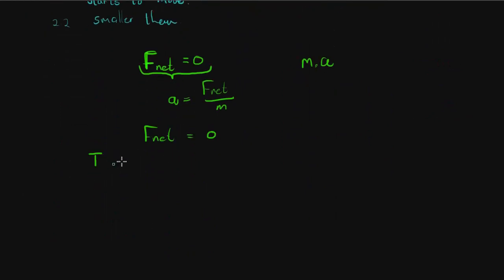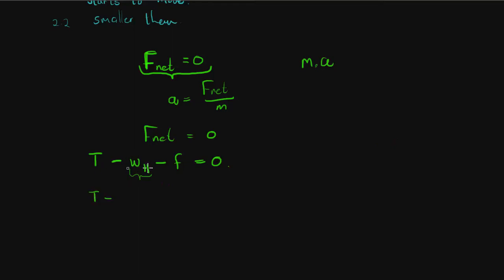Net force is therefore the tension minus the component of the weight that is parallel to the surface minus friction, and all of this must add up to 0. So the tension in the rope, the force that I'm pulling it up with, must be equal to the force weighing it down the slope and friction altogether.